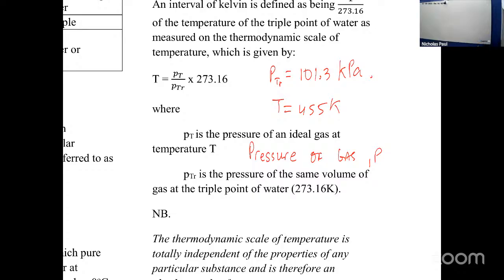Sorry, find the pressure of the gas. Take your time, rearrange and solve it.